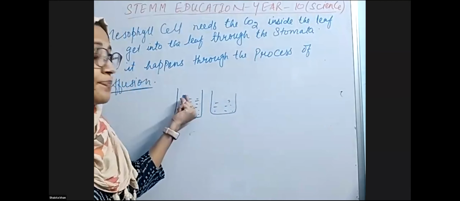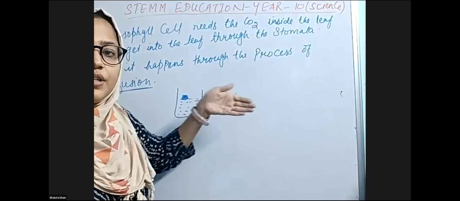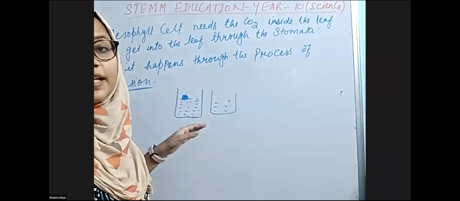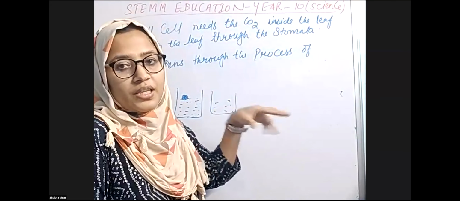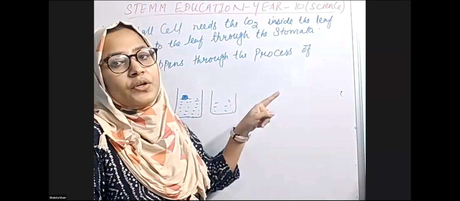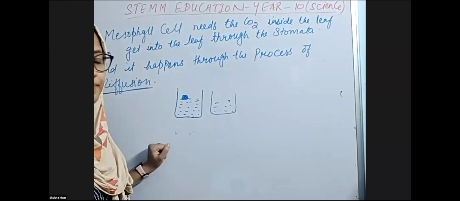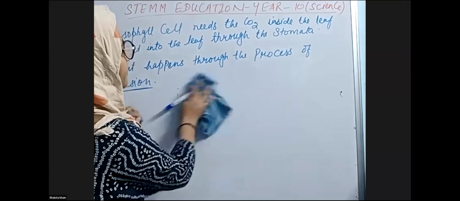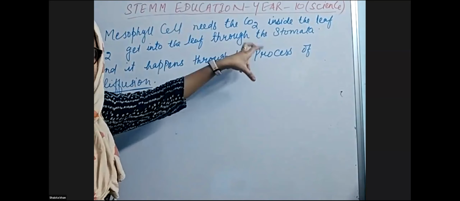So it means the concentration of the ink converted from higher concentration to lower concentration. This is known as diffusion. The movement of particles from higher concentration to lower concentration is known as diffusion. Understood? Yes, Miss. Good. So this is diffusion, and through diffusion, the carbon dioxide is spread in the stomata.